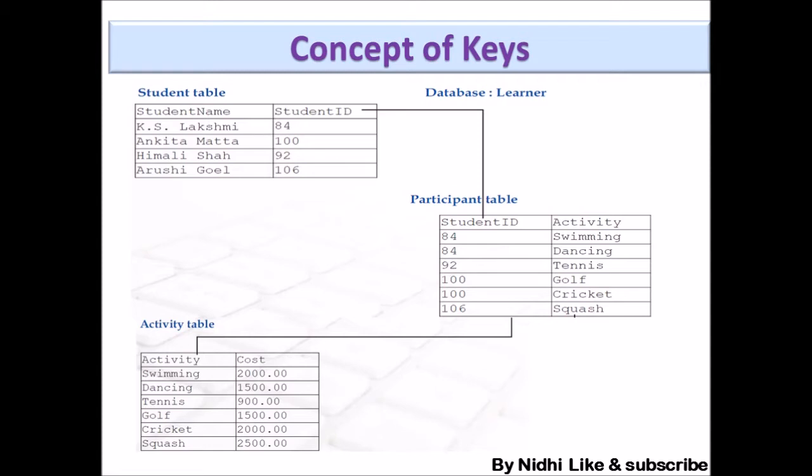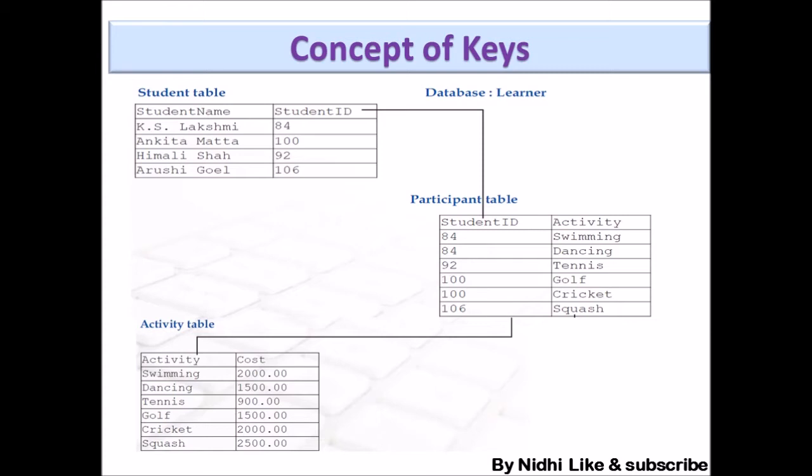Look at the participant table again. 84 is KS Lakshmi, so we can say KS Lakshmi is also involved in the activity dancing. The id 92 is of Himali, so Himali, whose id is 92, is taking part in the activity tennis.